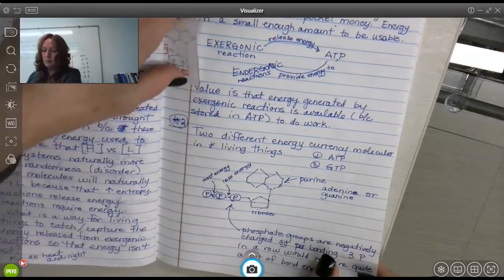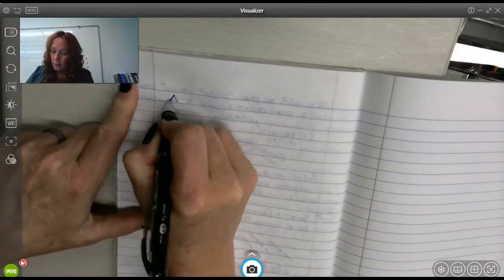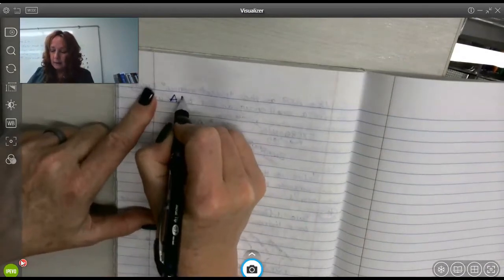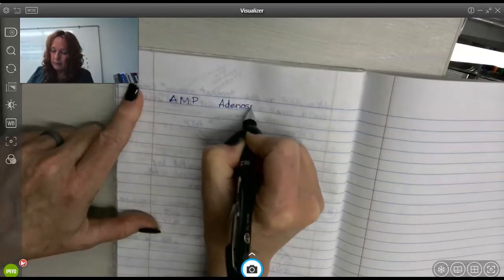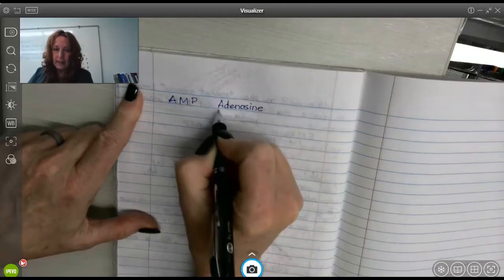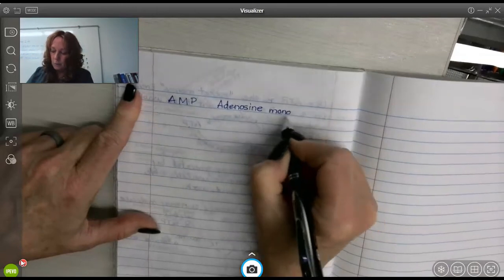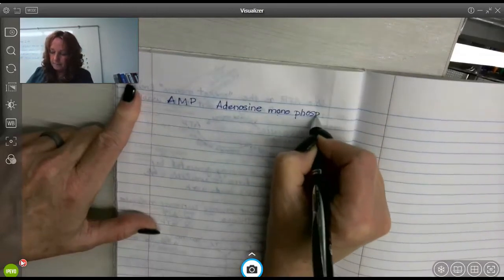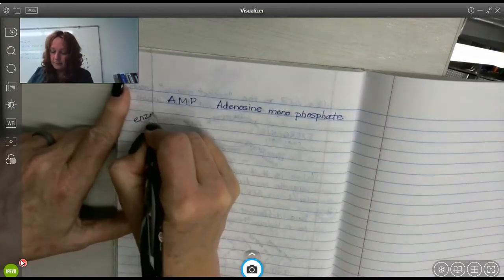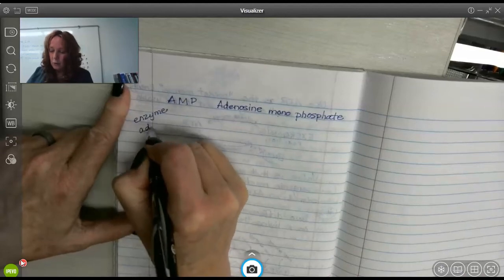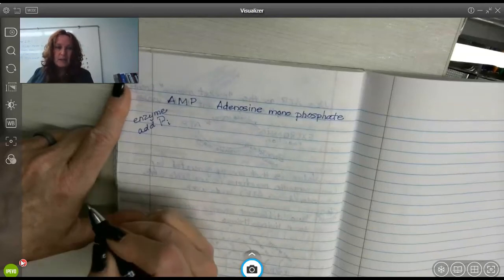So I'm going to have to go to another page. Think about what that is. So if you have AMP, which is adenosine, which is what we call that nucleoside that's adenine plus ribose, monophosphate, and you have an enzyme that's going to add what they call a Pi, which is just a phosphate group that's free.